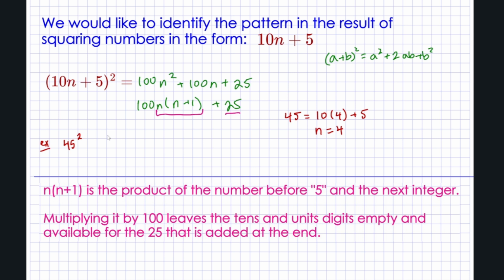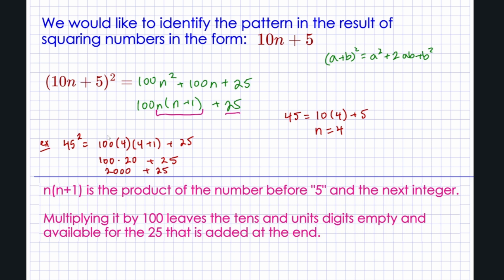So if we try to use it in the structure that we found here, we have that 45 squared is 100 times 4 times 4 plus 1 plus 25. I'm following the pattern that we have here in green and replacing the n with 4. So here we have 100 times 4 times 5, so that's 100 times 20 plus 25, and that is 2000 plus 25.